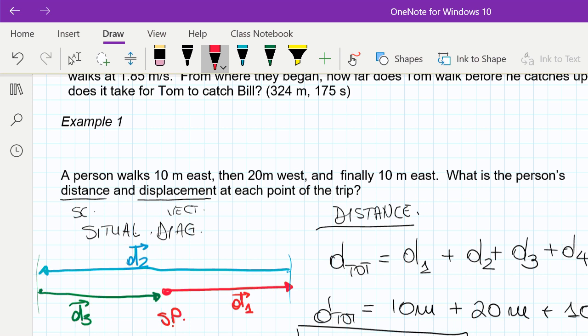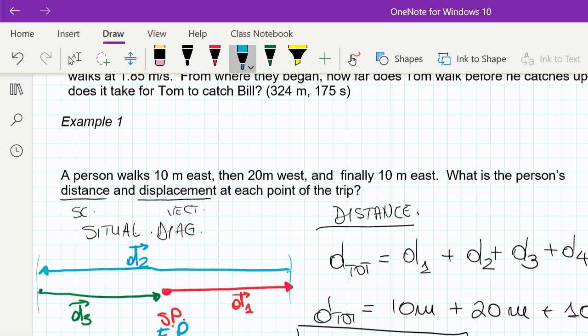You simply draw a vector that starts at the start point of the motion and ends at the end point of the motion. So in this case, since the start point and the end point are the same, the displacement will be equal to 0.